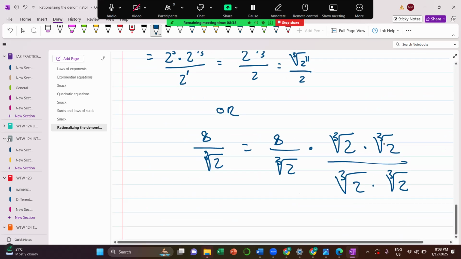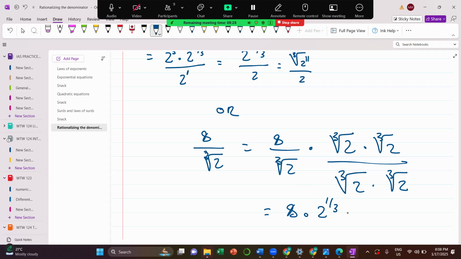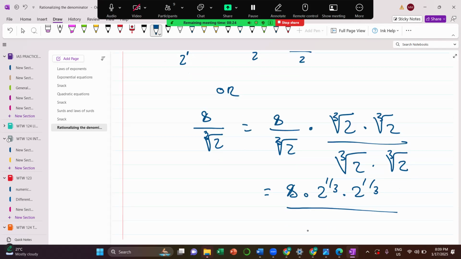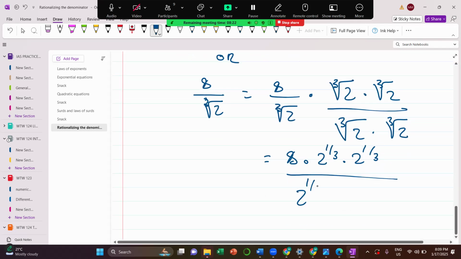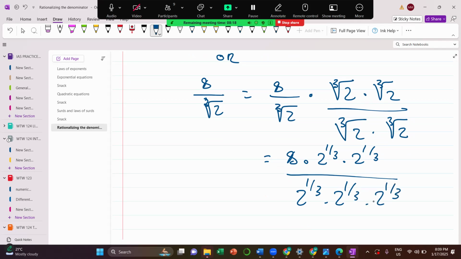There's still a 1 because these things are just going to cancel each other out, right? And then I just multiply everything. At the top, I'm going to have 8 times 2 to the exponent of 1 over 3 times 2 to the exponent of 1 over 3, all over, at the bottom, 2 to the exponent of 1 over 3 times 2 to the exponent of 1 over 3 times 2 to the exponent of 1 over 3.